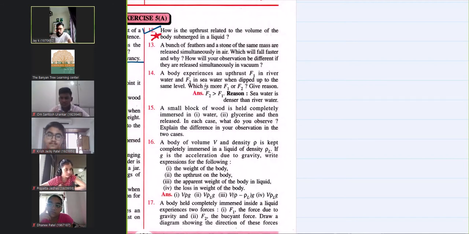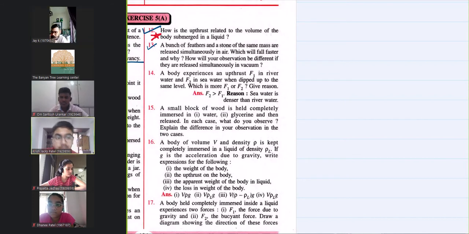Okay, next, Krish. The next question says that a bunch of feathers and a stone of the same mass are released simultaneously in air. Which will fall faster and why? How will your observation be different if they are released simultaneously in vacuum? A bunch of feathers will fall faster.